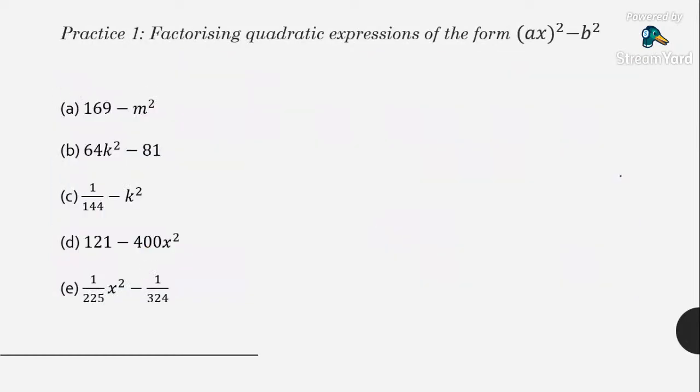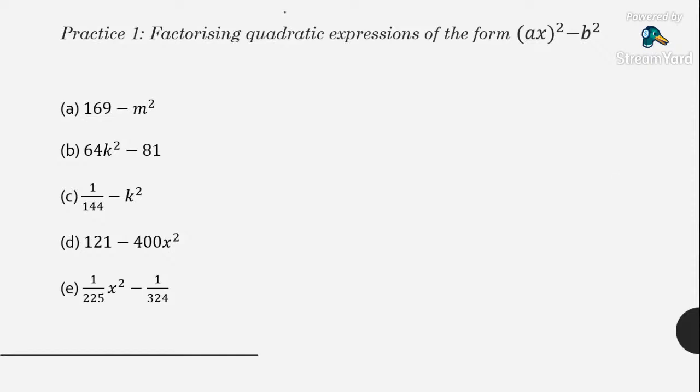I want you to practice factorizing the quadratic expression in this form. Next time, whenever you see a quadratic expression in this form, don't always depend on the calculator. You can always do some simple calculation with the calculator, but of course, you must recognize that when it comes to this form, you can always write it in the form of 2 brackets.